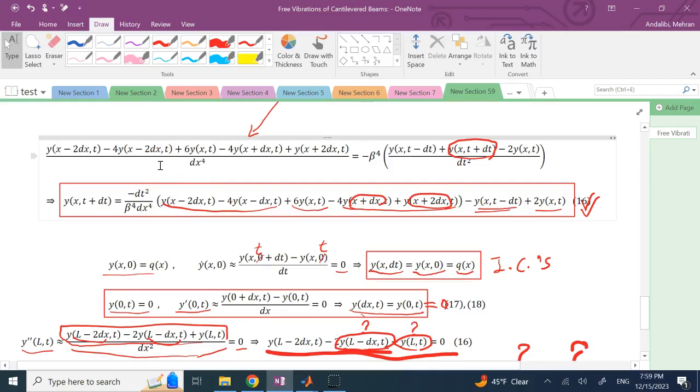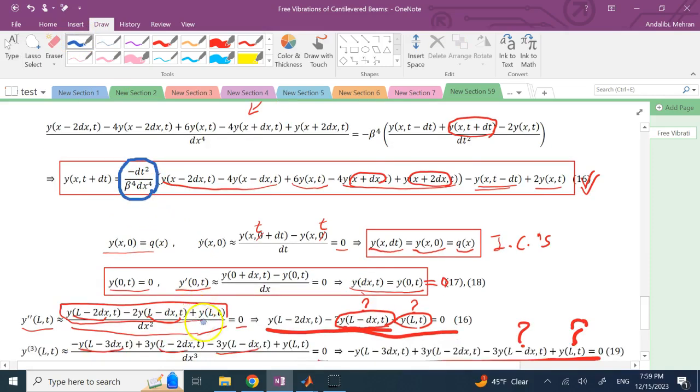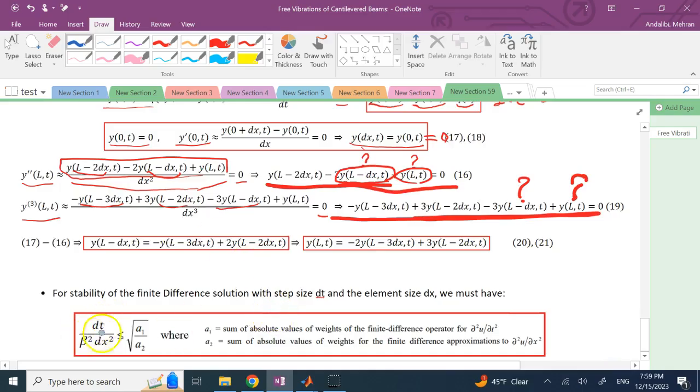So we need to look at this term here. Let me draw something around it. So we need to focus on this one, this guy. The square root of that is what we compare against the square root of a1 over a2, okay? And the square root of that is dt over beta squared dx squared.